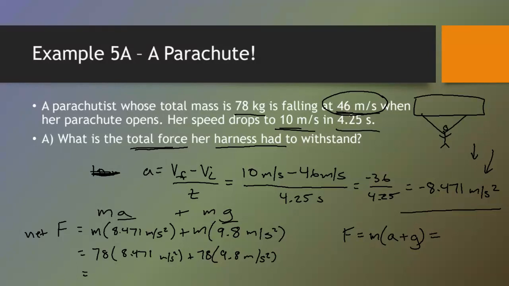A plus g: 8.471 plus 9.8 gives you 18.271. And so this is 78 times 18.271. You're going to get the same answer for both of these, regardless of how you calculate them.